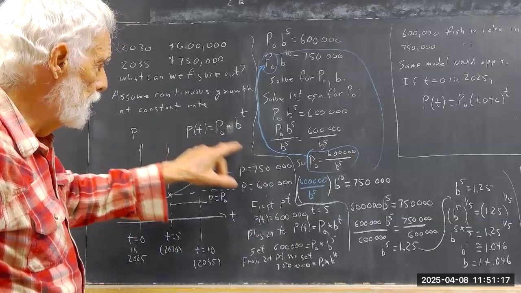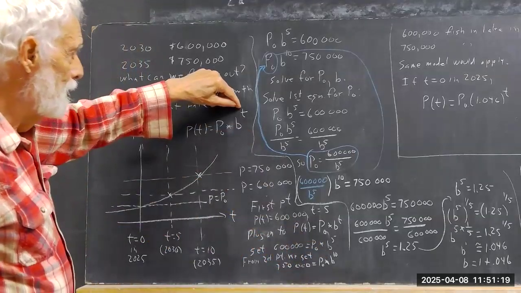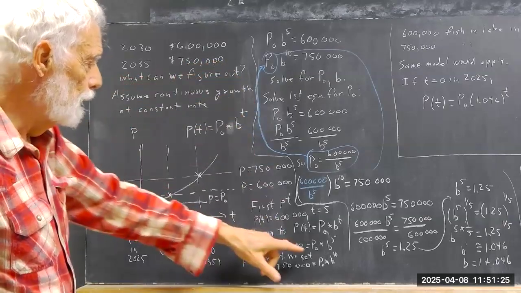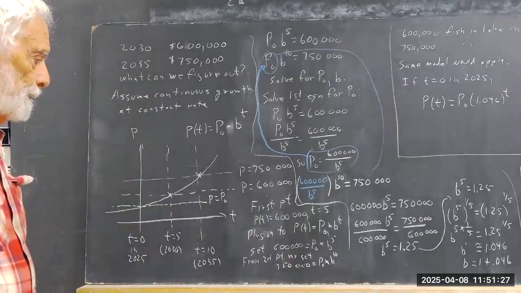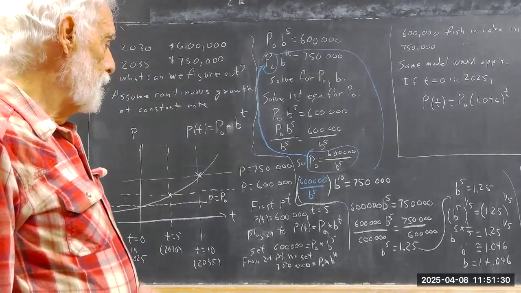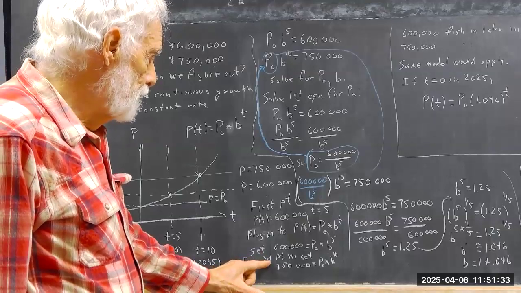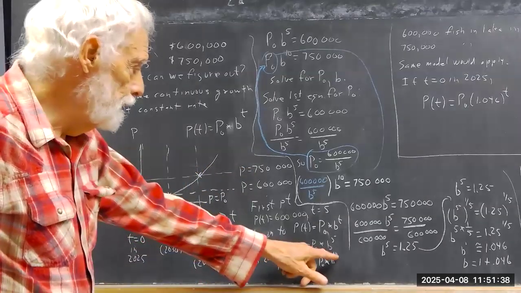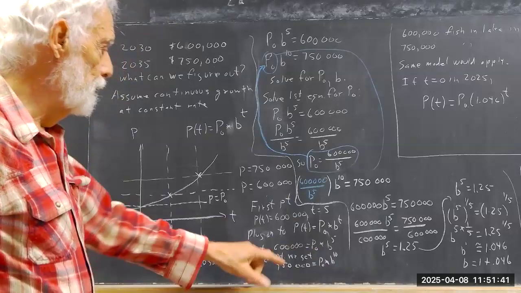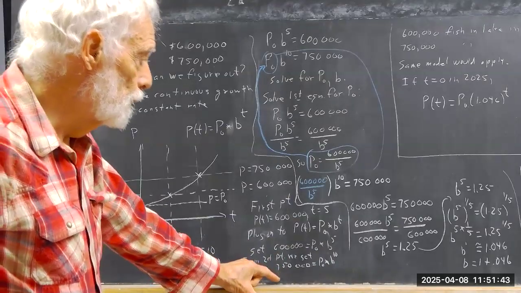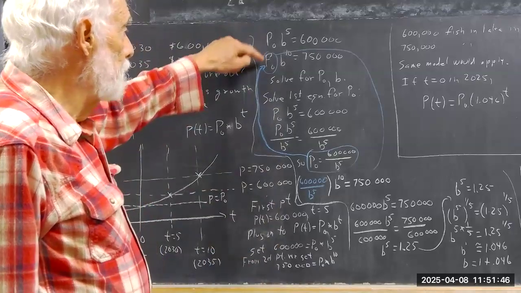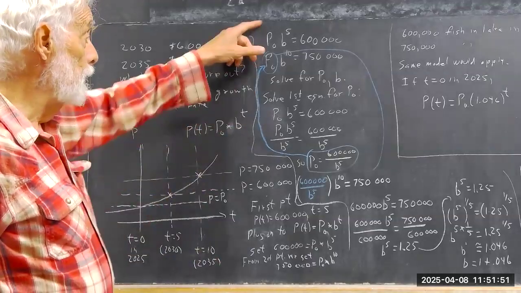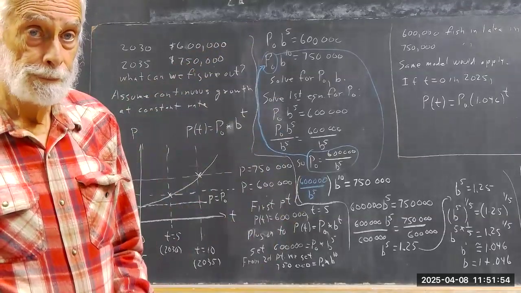And that equals P naught times B. T is 5. Replace this by 600,000, replace T by 5, we get this equation. Then from the second point, we replace P of T by 750,000 and T by 10. And we get this equation. You probably can't read very well, but I wrote them up here again. Okay. So from these 2 points on the graph, we get these 2 equations. All we got to do is solve them.